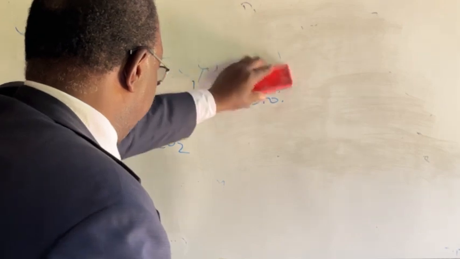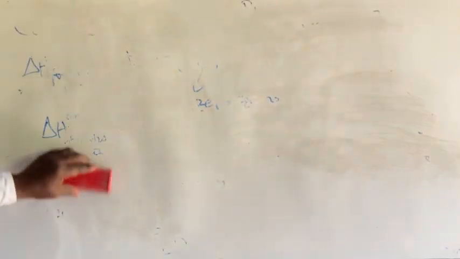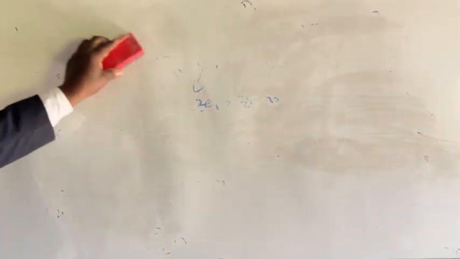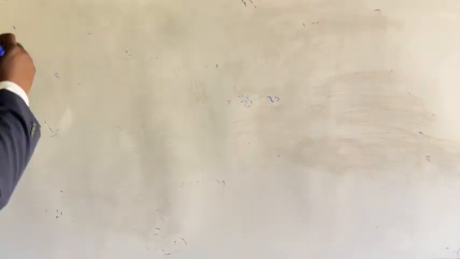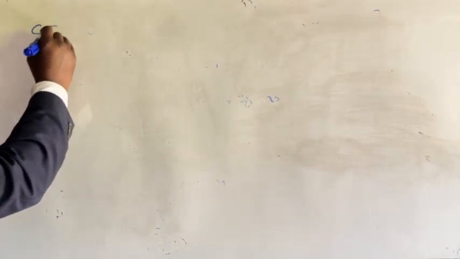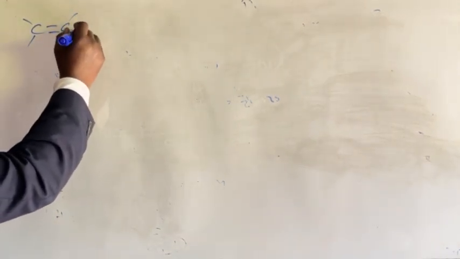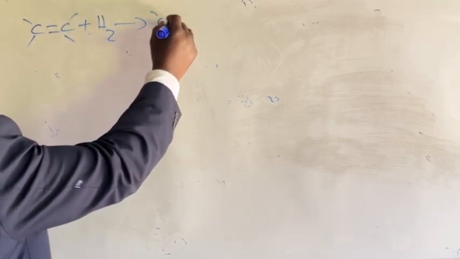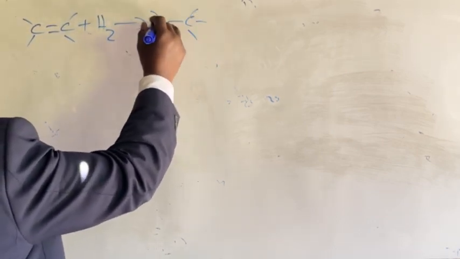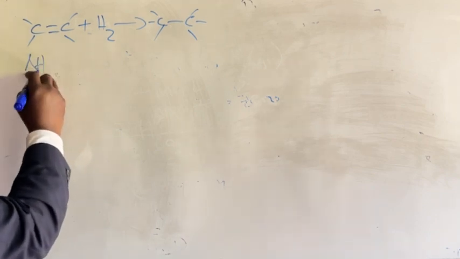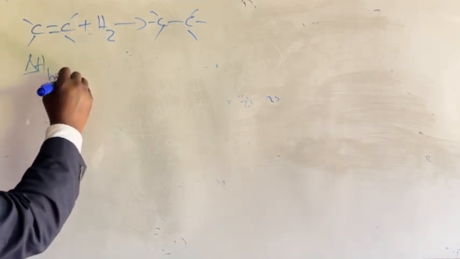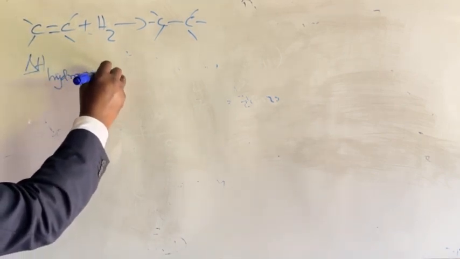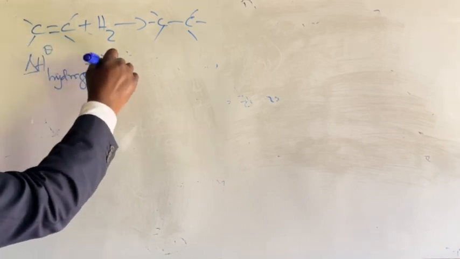We can have other reactions also, like a hydrogenation reaction, a simple addition reaction, where we have ethene being hydrogenated to form ethane. We can call that the enthalpy of hydrogenation, again under standard conditions, so we have some value there.